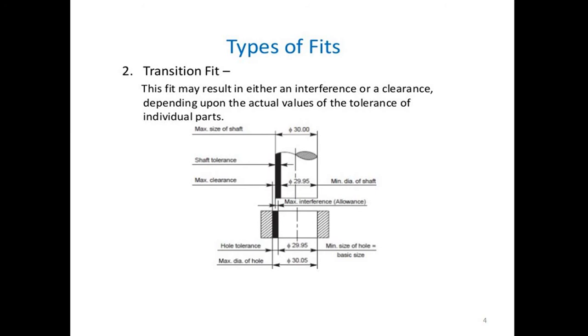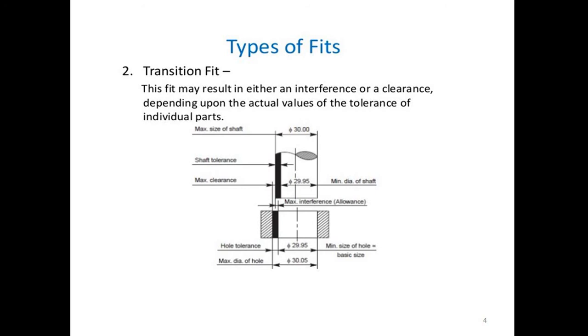When we look at this condition, there is a maximum clearance and a minimum clearance, that is, maximum interference and minimum interference are there. According to this type of fit, it may be a clearance fit or an interference fit. Suppose we consider the maximum size of the shaft as 30 mm and the minimum size of the hole as 29.95, in which case an interference fit takes place because the maximum diameter of the shaft is more than the hole size.